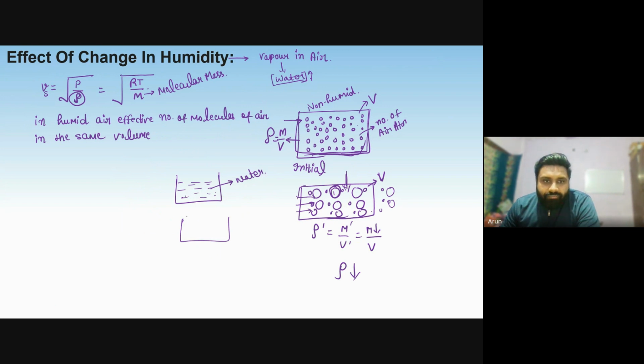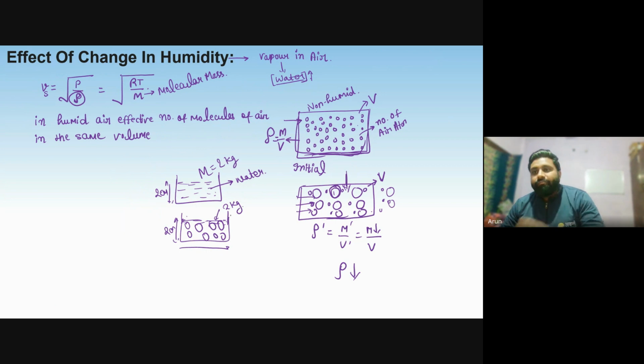Now you added balloons to this water. Can you say the effective mass of the water is same? Let's say here the height is 2 centimeter. The base area is same. So can you say the same mass is there in this case? In this case, let's say water is 2 kg. So can you say that still there is 2 kg of water if you do not consider the water inside the balloon?